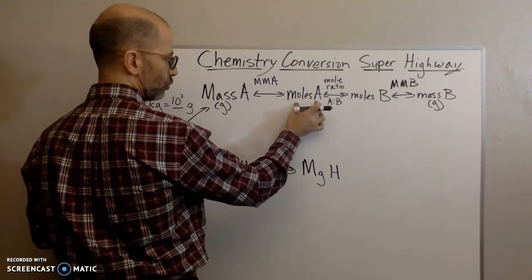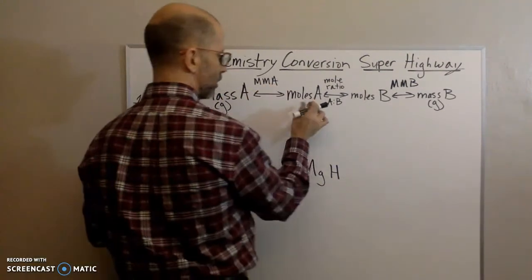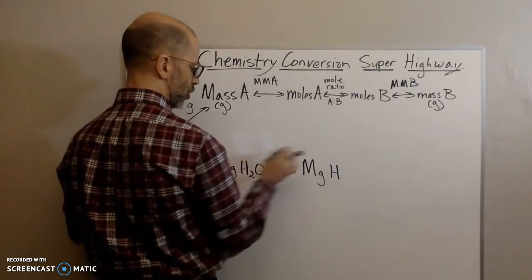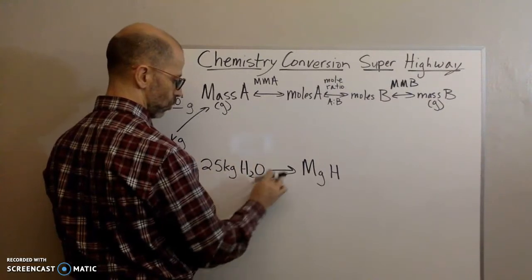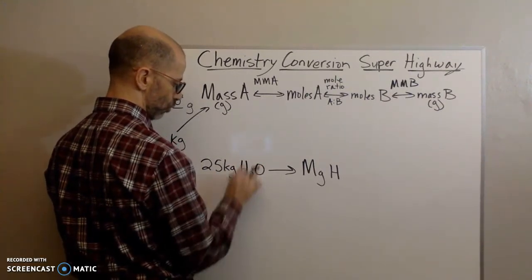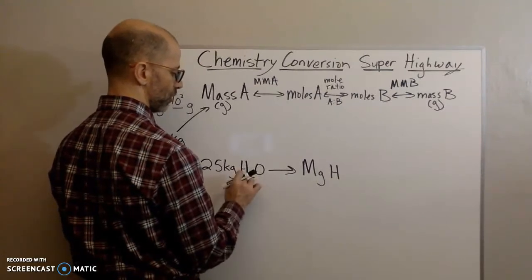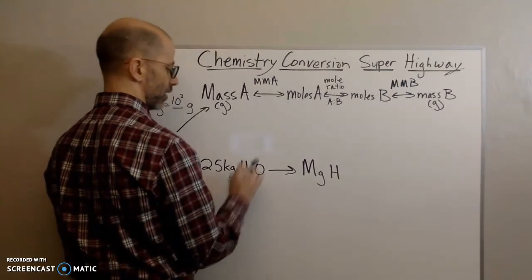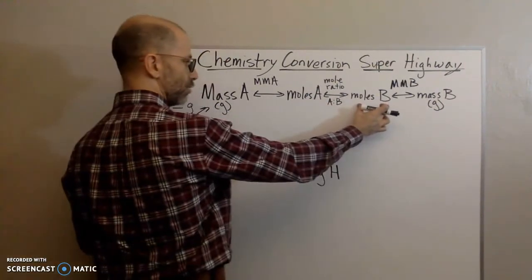I'm going to use the molar mass of water to convert. And then I'm going to use the mole ratio of 2 to 1: for every 1 mole of water, I have 2 moles of hydrogen. So I use that mole to mole ratio to go from moles of water to moles of hydrogen.